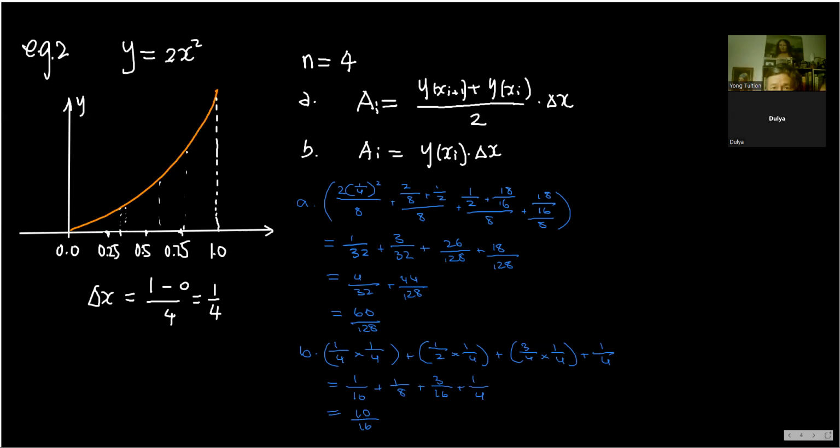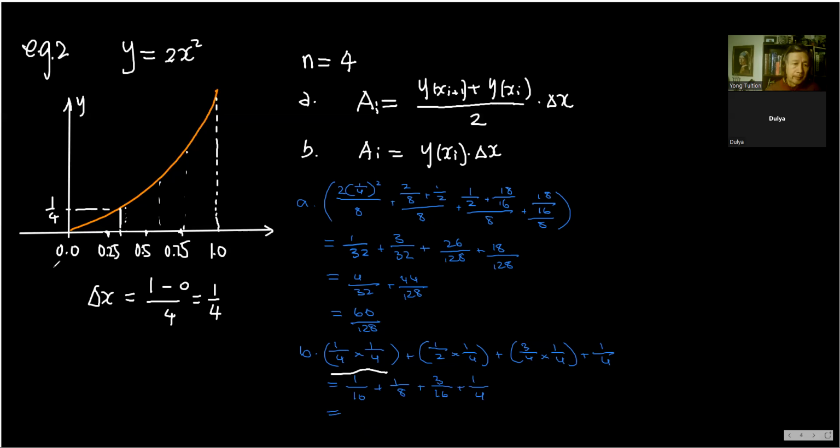Just wondering, can you explain to me how did you work out this formula? This formula, quarter is a delta x, right? Okay, so the first one will pick up this value, right? So this is quarter as well. Do you think this is a quarter? Oh, it's a y value. Yeah, the y value.